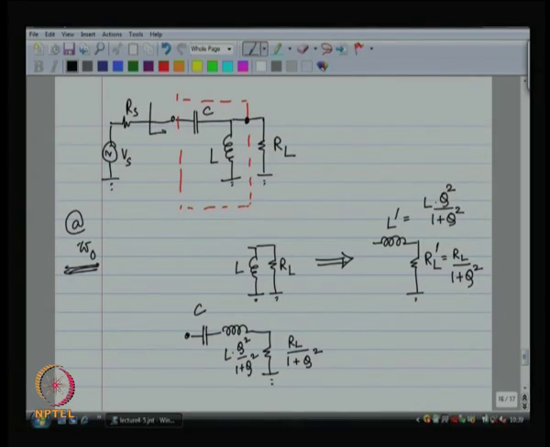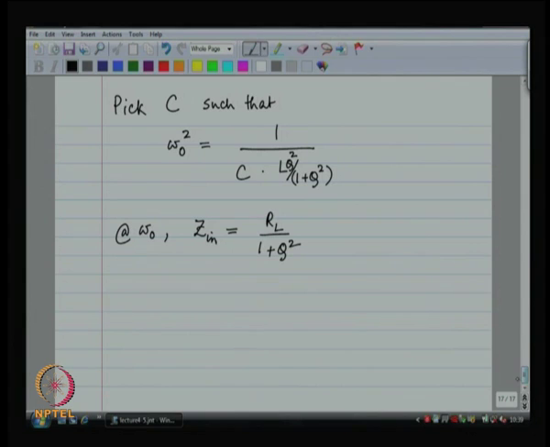So, looking in over here, what I see is R L by 1 plus Q squared. I want this quantity to be equal to R S. So, I want the input impedance of the network to be equal to R S. So, by design R S should be equal to R L by 1 plus Q squared for maximum power transfer.